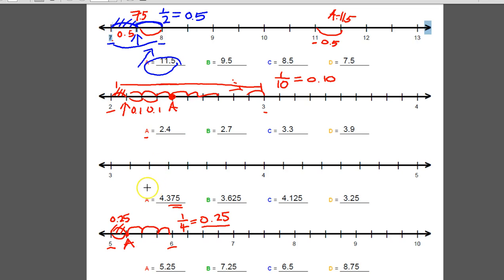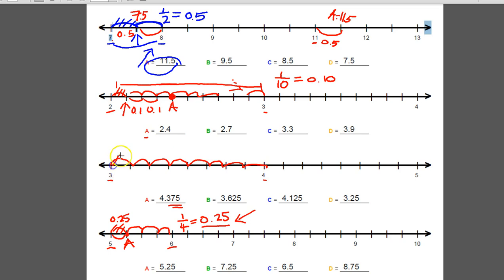And then from there, if you know what a quarter is equal to in decimal, it'll be easy to figure out the next one, which is 3 to 4, a difference of 1, but then there are how many gaps? 1, 2, 3, 4, 5, 6, 7, 8.